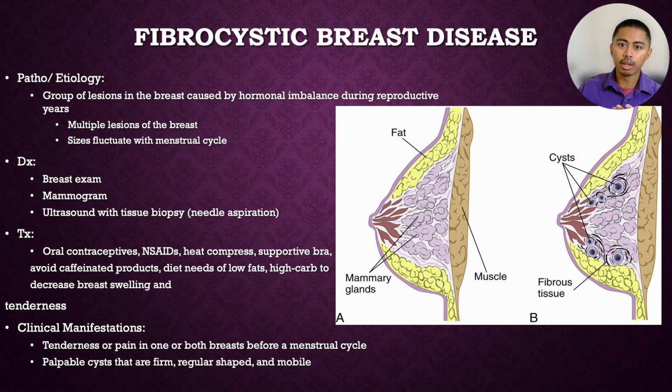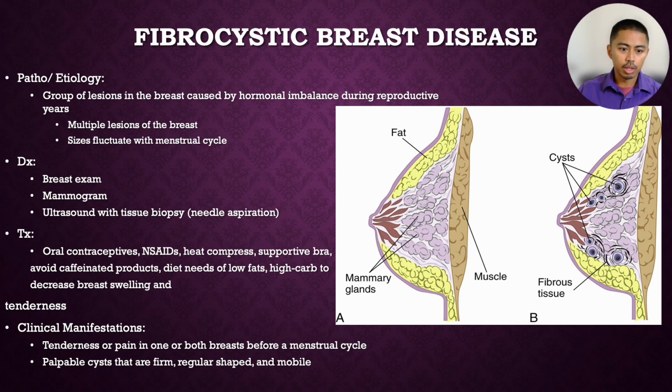If you see theophylline, theobromine, caffeine, it's going to worsen the pain. So make sure they avoid that. Just know that oral contraceptives suppress endogenous hormonal fluctuations. Higher carbs means more fiber, and then low fat helps decrease steroid hormone production or processing.